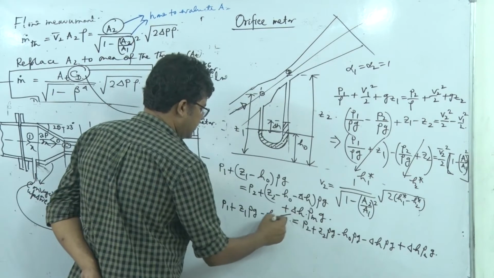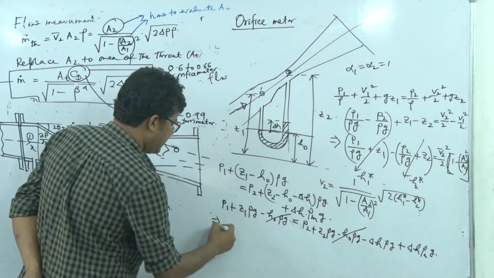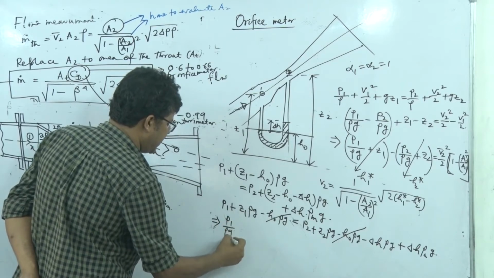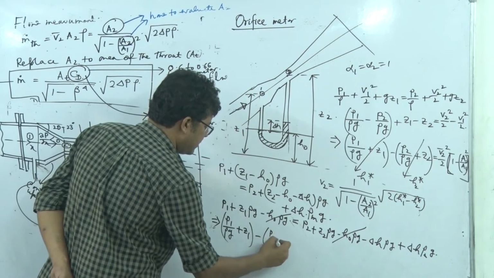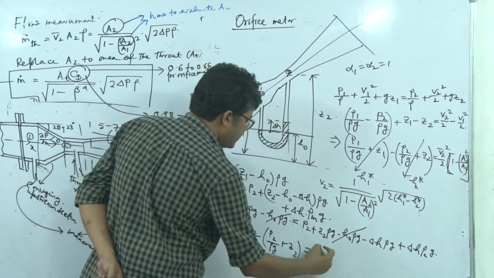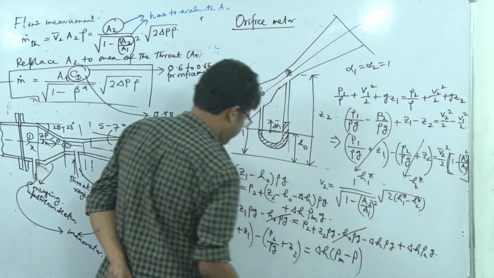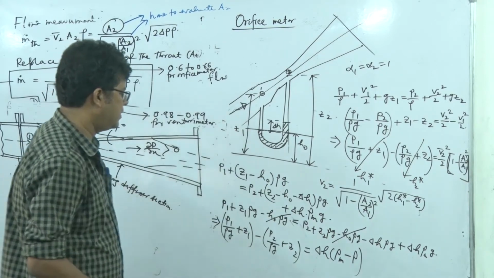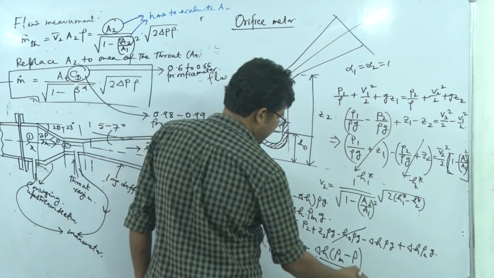So H0 rho g and H0 rho g cancel out. So we have that P1 divided by rho g plus Z1 minus P2 divided by rho g plus Z2 is basically equal to delta H into rho m minus rho, divided by this rho g.